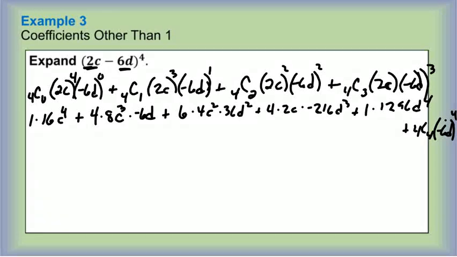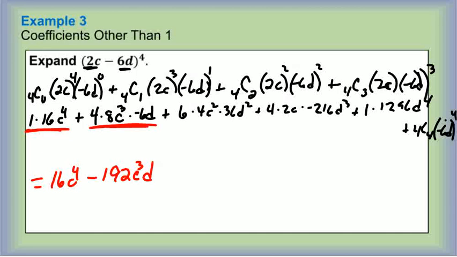So now my answer, I have to do 1 times 16 gives us 16. So 16 c to the fourth. So this one is done. Next one I have 4 times 8 times negative 6. That gives us a minus 192 c to the third d. So this term is finished. I'm going to use a different color for each term so we know what we're doing. Now the next one I have 6 times 4 times 36 gives us a positive 864 c squared d squared.